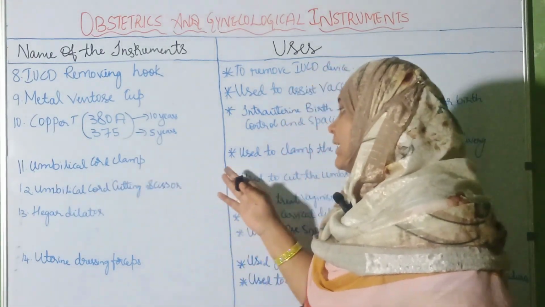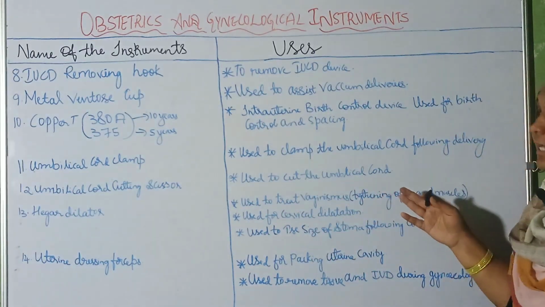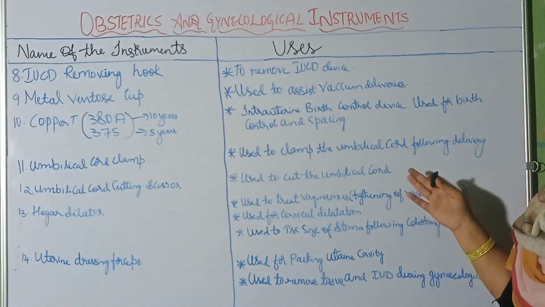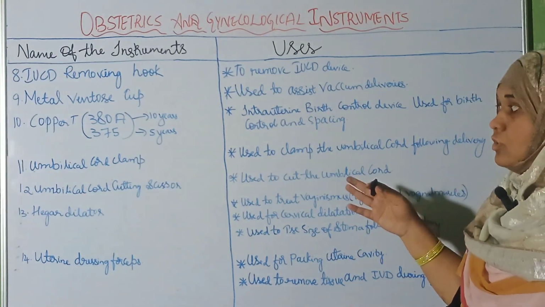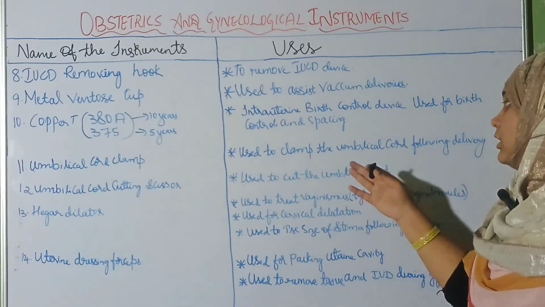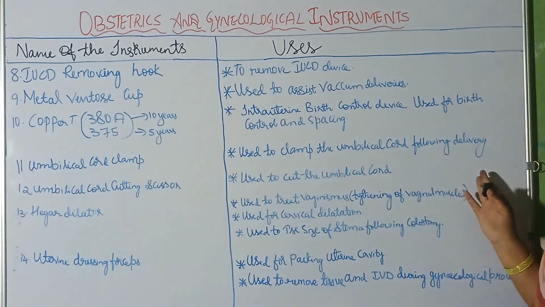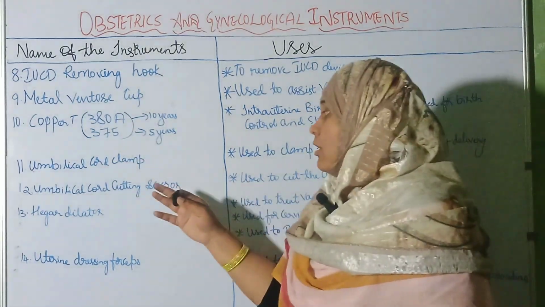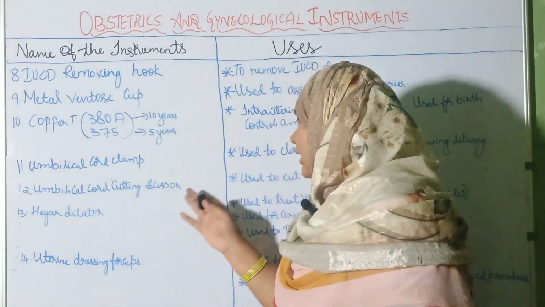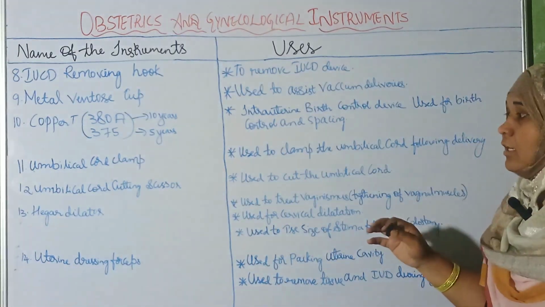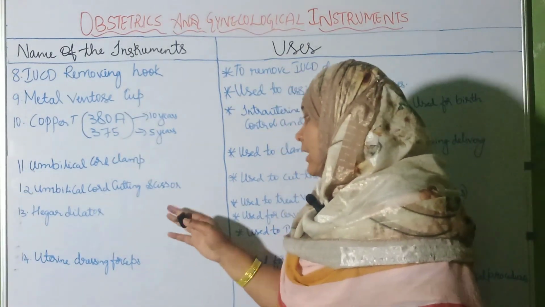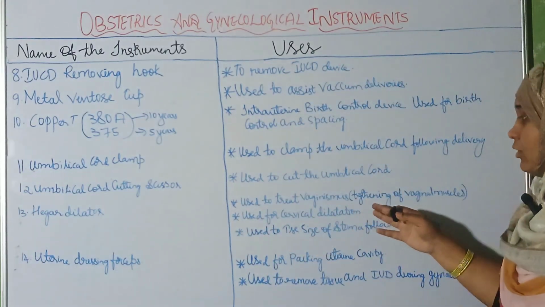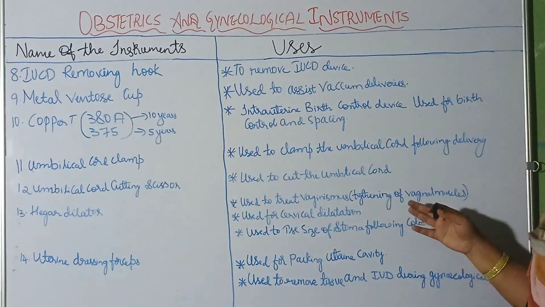Umbilical cord clamp. As the name indicates, this is the clamp used on the cord. It is an instrument used to clamp the umbilical cord following the delivery. Umbilical cord cutting scissors is the instrument used to cut the umbilical cord. Next is Hegar's dilator. It is used to treat vaginismus. What is vaginismus?